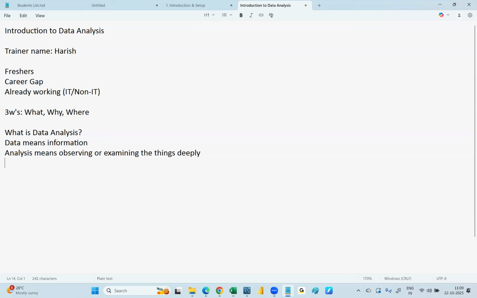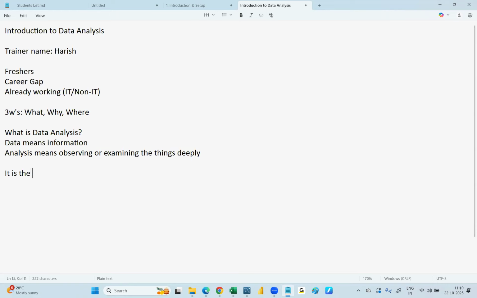So the simple understanding is that it is nothing but observing or examining something deeply. What we are going to examine here is that information, that data. We are going to observe the data deeply and find out what is present in it. That is called data analysis.